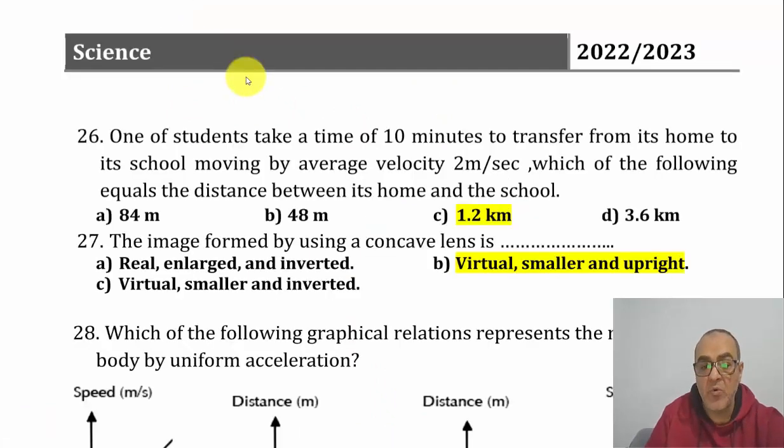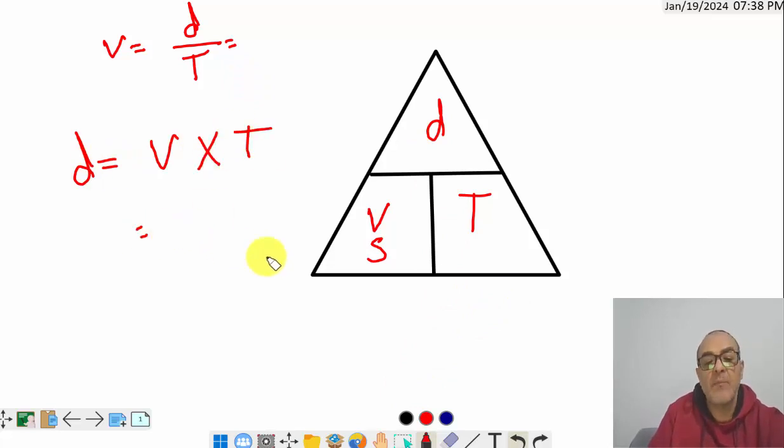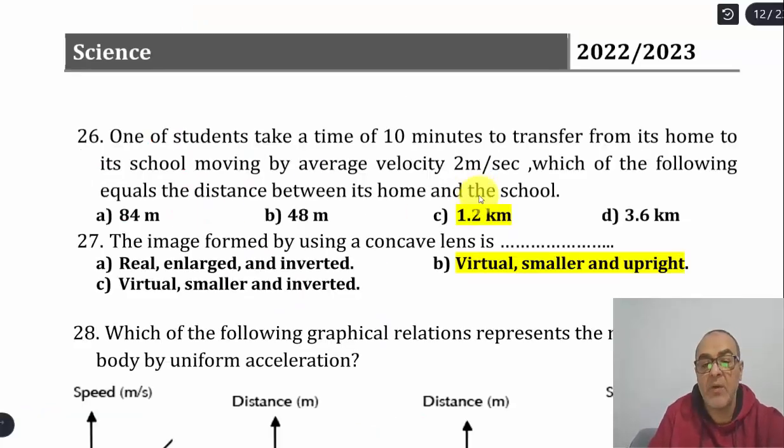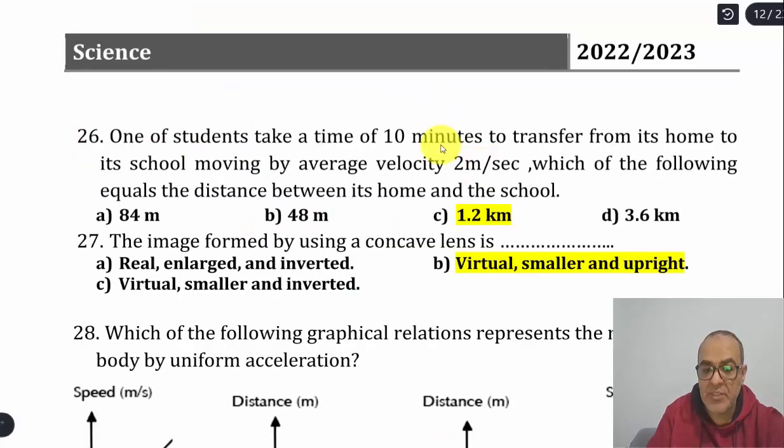The student moves with velocity 2 meters per second. He wants to find D. If we put your hand here, D equals V times T, the velocity is 2 meters per second, while T equals 10. 10 what? 10 minutes.